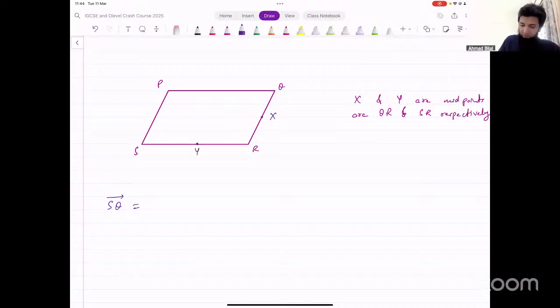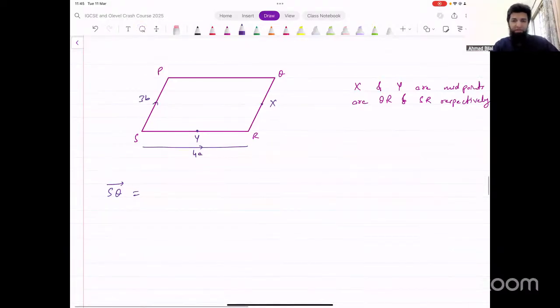And we know that SR, this complete vector, is, let's say, 4 times A. That's what we wrote earlier. And let's say this is 3 times B. That will also ensure that the opposite vectors are the same.